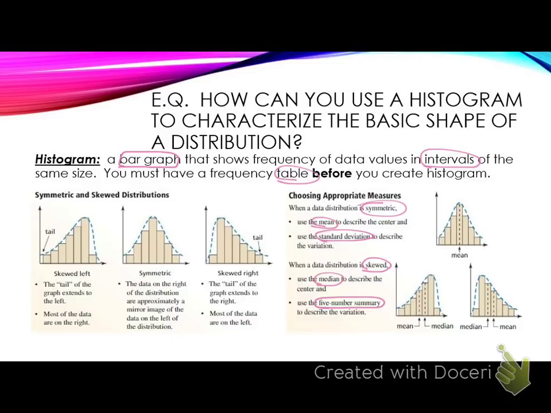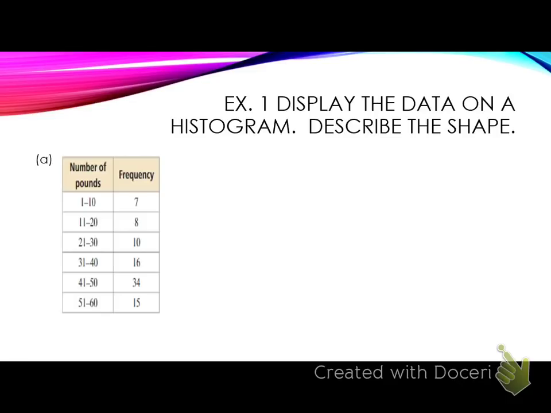Now, let's draw some histograms. If you go to example number 1, it says, display the data on a histogram and describe the shape. You can see the problem has given us that frequency table that we talked about needing. So really we just have to create the histogram. Here's where I would start. I would draw a line that will be the bottom of my histogram, and then I'm going to write my intervals.